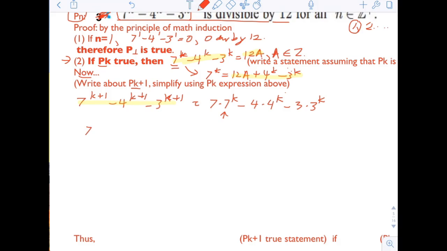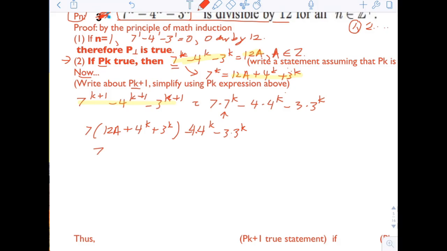So 7 times 12a plus 4 to the k plus 3 to the k, minus 4 times 4 to the k, minus 3 times 3 to the k. Oh wait, this is plus here, right? Plus. Okay.